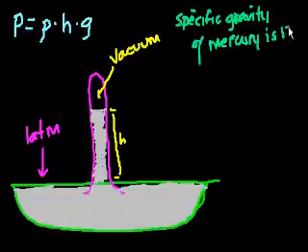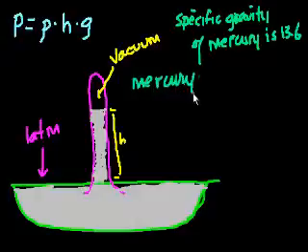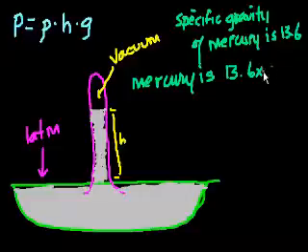That's often a daunting statement on a test when you know how to do all the math and all of a sudden you wonder, what is specific gravity? Specific gravity is the ratio of how dense that substance is to water. So all that means is that mercury is 13.6 times as dense as water.